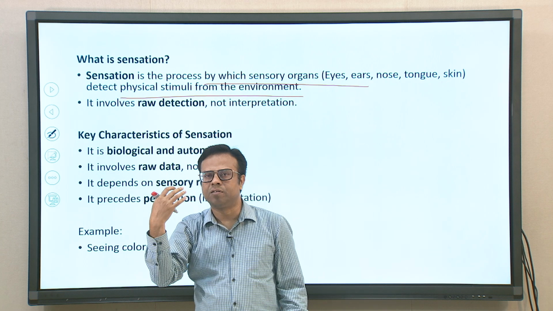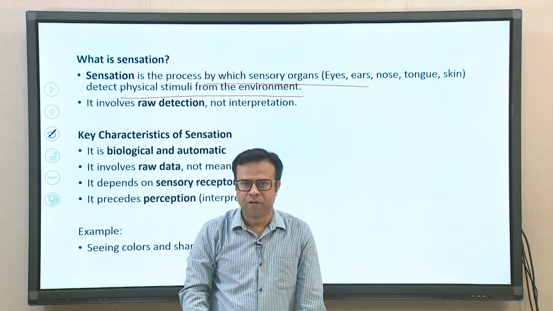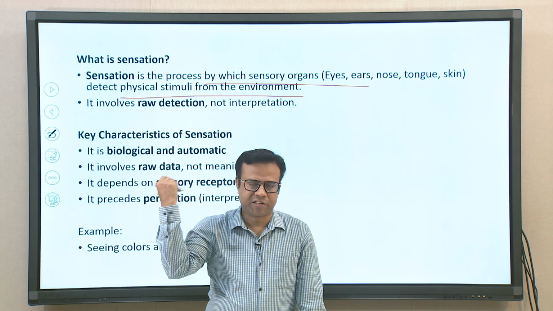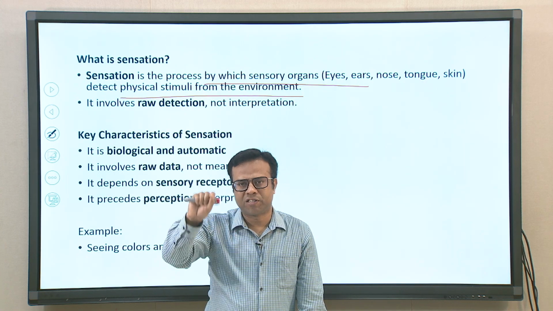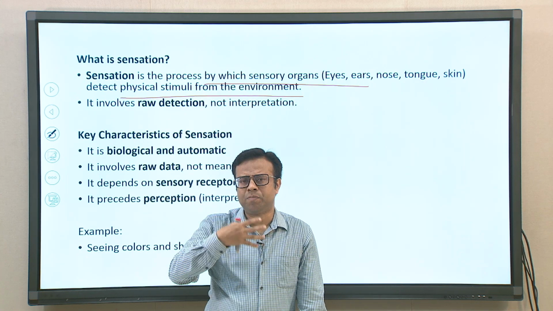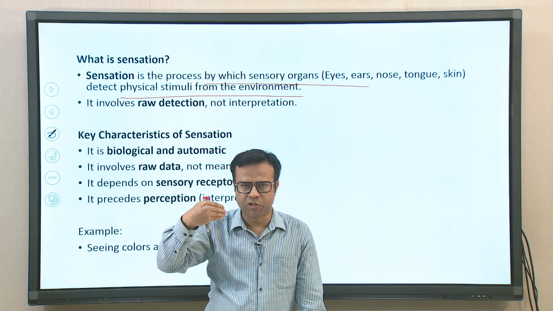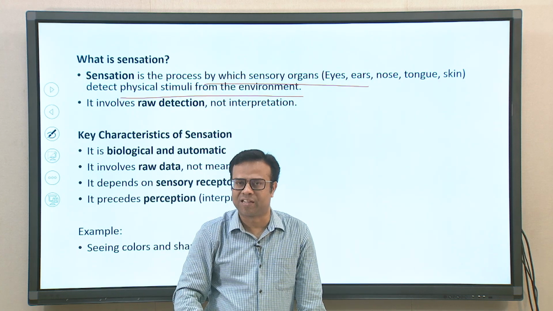Our sense organs are primarily designed to detect different types of stimuli. Eyes detect light, ears detect sound waves and so on. Whenever our sensory organs detect physical stimuli like light or sound waves from the environment, the process of that detection is called sensation.